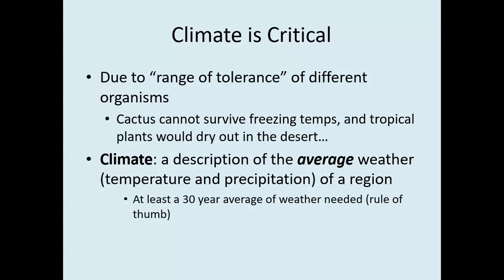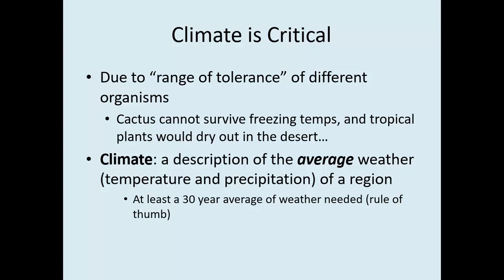Different organisms can survive in different climates, and that's referred to as the range of tolerance for an organism. So if you live in a desert, you'll know that cactus don't survive well with freezing temperatures. That's the range of tolerance for a cactus: warmer temperatures, above freezing, and low rainfall.